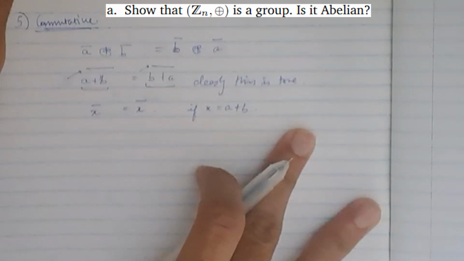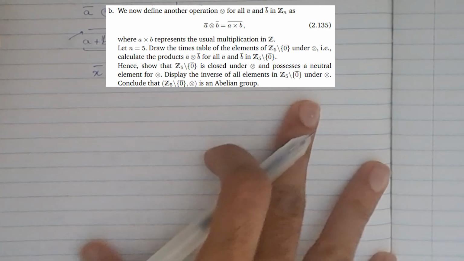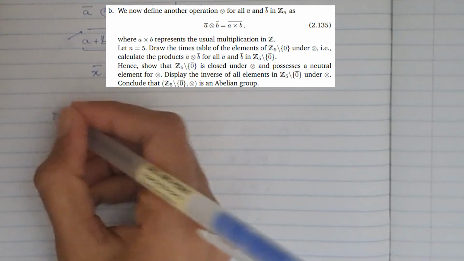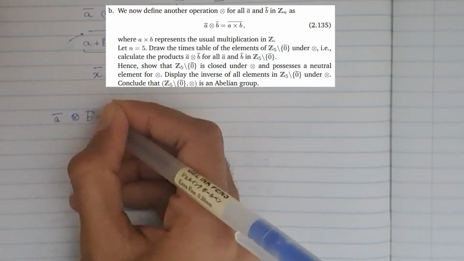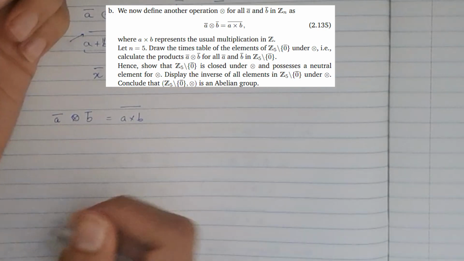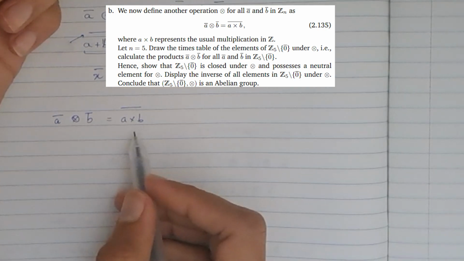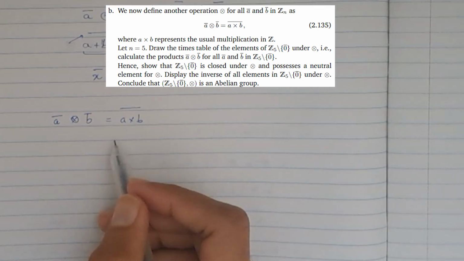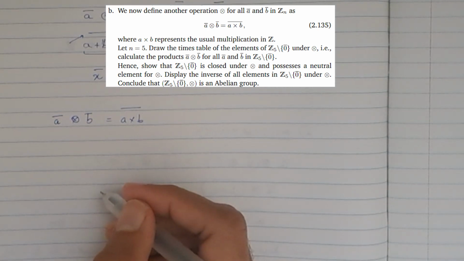Let's now think about part B. We now define another operation where A cross B represents the usual multiplication in the integer set. Let n equal to 5.